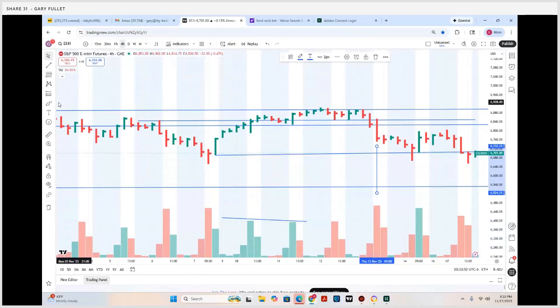Okay? We're comparing volume relative to range. Volume relative to range.